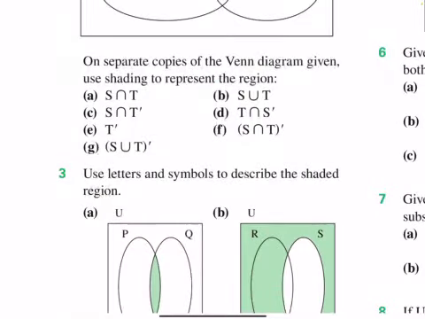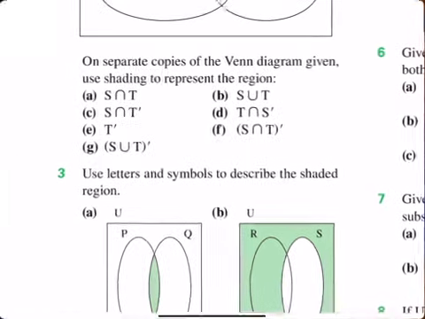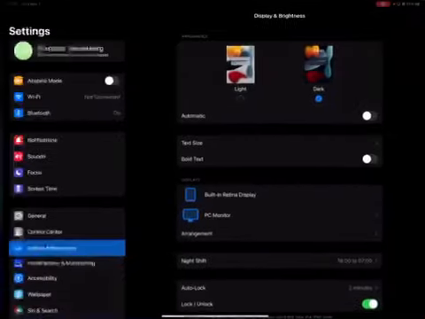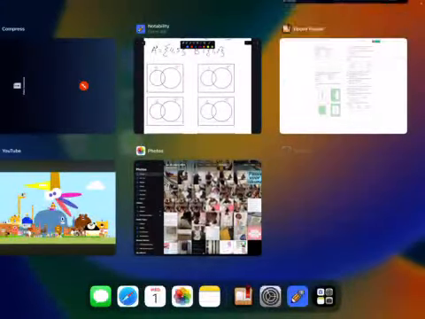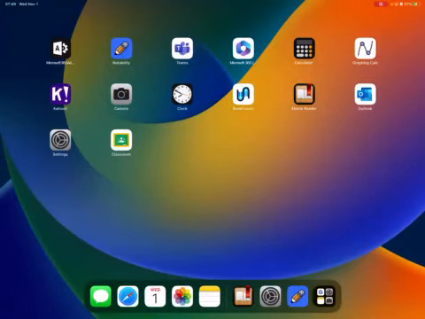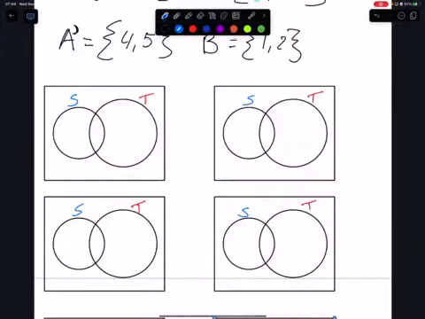First question. S intersecting with T. That's our first question. S intersecting with T. Yes?